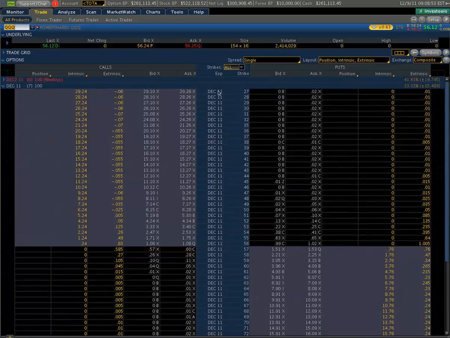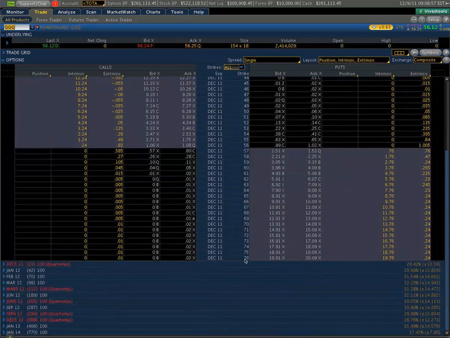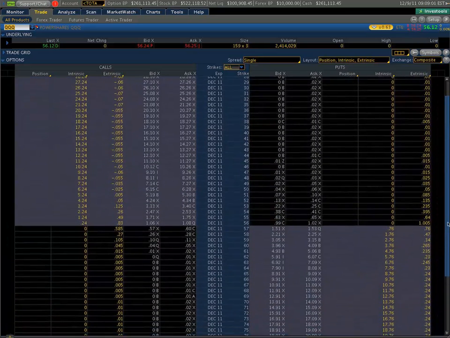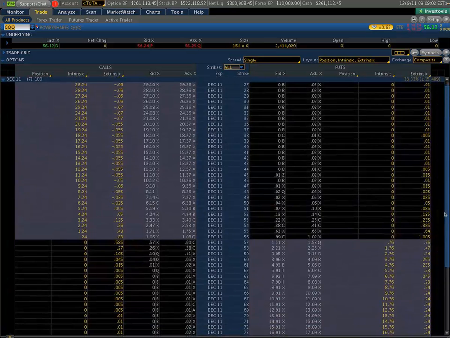It starts with a strike price of 27 and ends with a strike price of 76. Those are the only strike prices available for this particular ETF. On the left side you have call options, and on the right side you have put options.